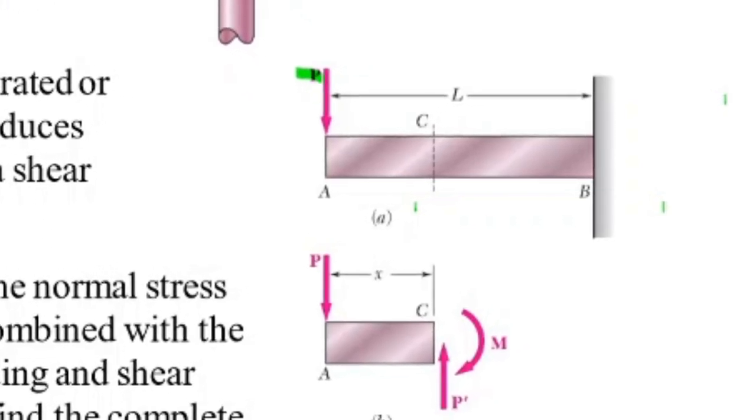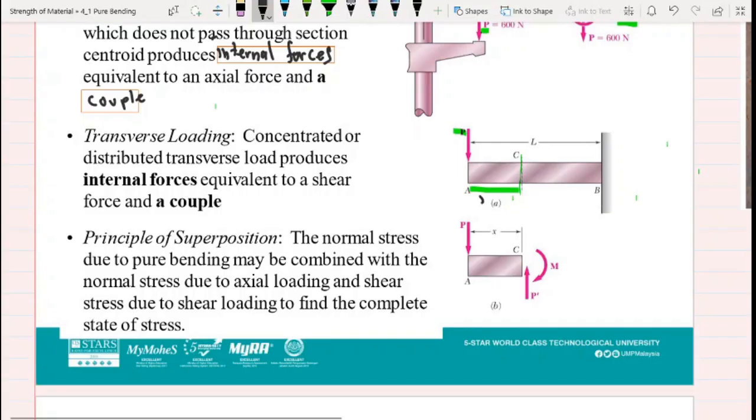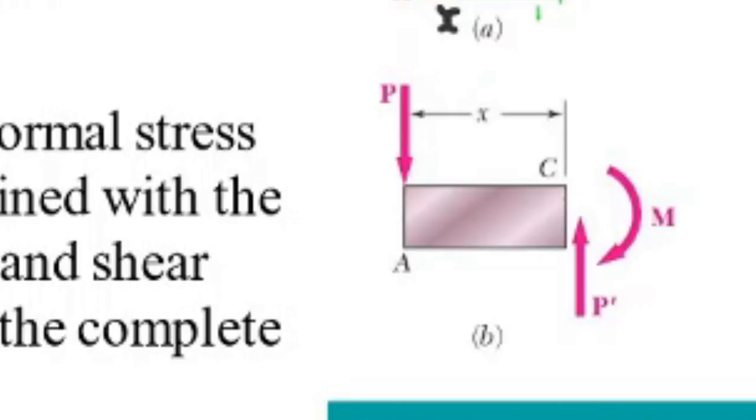If a section is passed through C here at a distance x from A, we should get a free body diagram similar to the figure here.